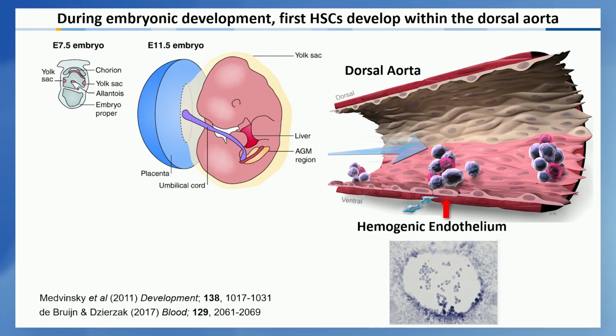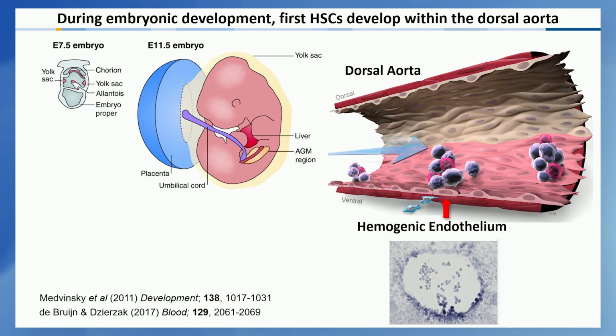Again, this is a blow-up of the dorsal aorta, where the very first hematopoietic stem cells are being formed. They're formed on the ventral floor of this dorsal aorta structure and are formed out of a specialized cell which appears to be endothelial, the so-called hemogenic endothelial cell, or hemogenic endothelium. These are cells which completely transit from the endothelial morphology into a suspension cell and are carried with the circulation to the fetal liver, where they then expand.